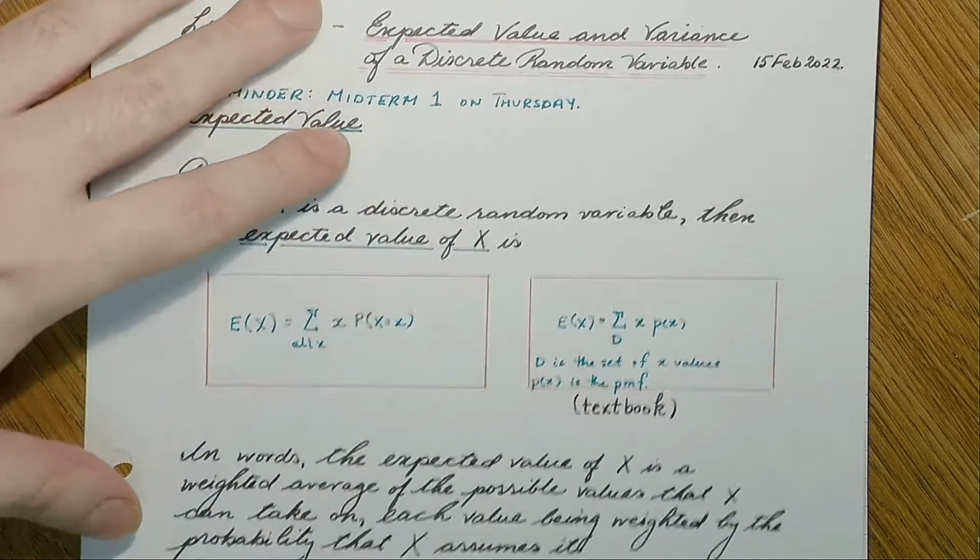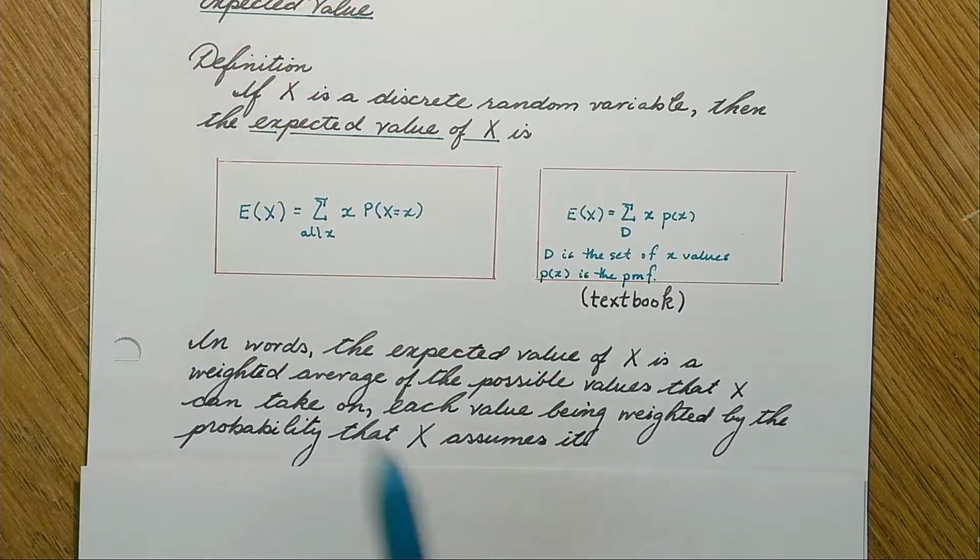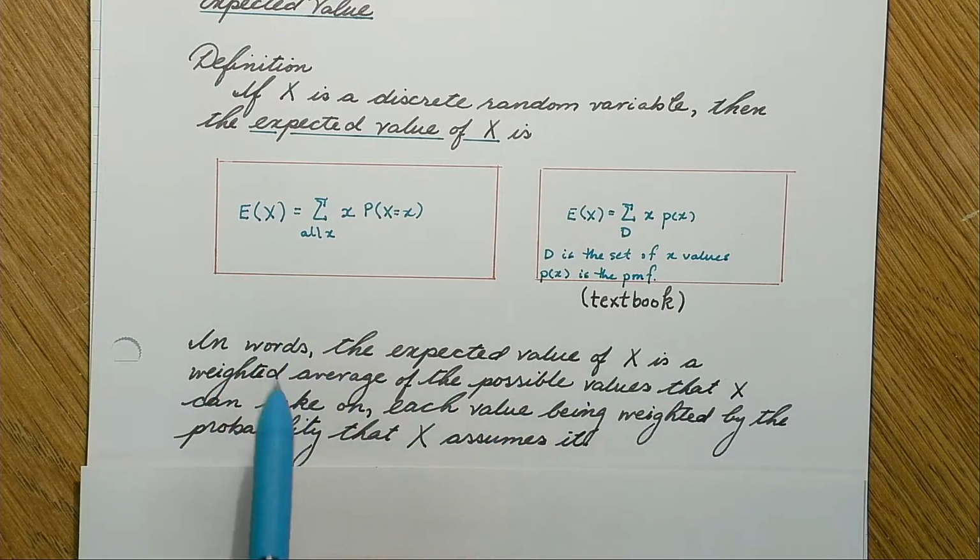So, in other words, you can think of the expected value of x as a weighted average of the possible values that the random variable x can take, and each value being weighted by the probability that x assumes.